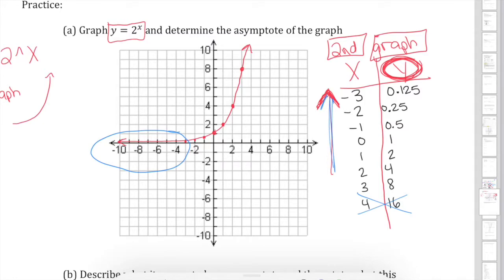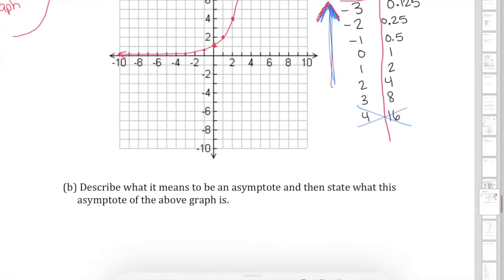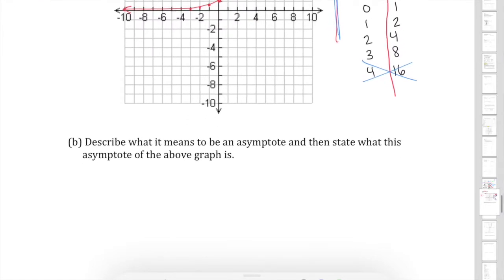All right, so once you have your graph plotted and you understand this concept, when you scrolled up on your table, just a refresher again, your y values never hit a negative number and never actually become 0. It just gets smaller and smaller forever. 0.000000001. It'll keep getting smaller and smaller, but never actually hit that x-axis.